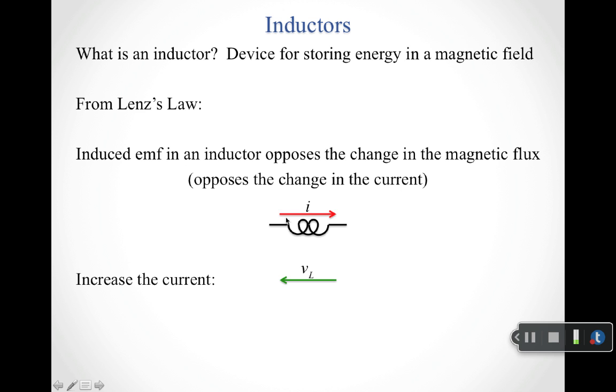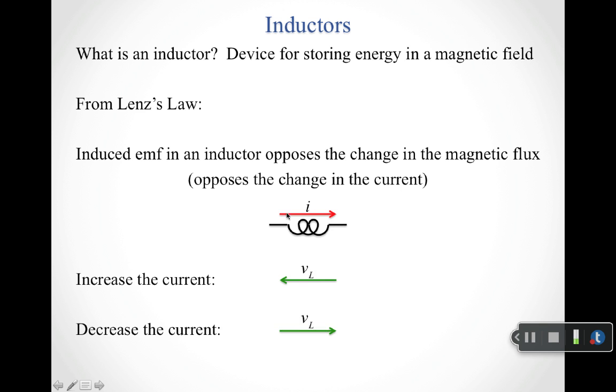If you try to increase the current, to make the current flow more heavily to the right, you're going to produce a back EMF that's basically going to resist that change. Here you would have an EMF induced within your inductor that would be trying to drive current to the left. If, on the other hand, you try to decrease the current flowing through your inductor, it's again going to oppose that change.